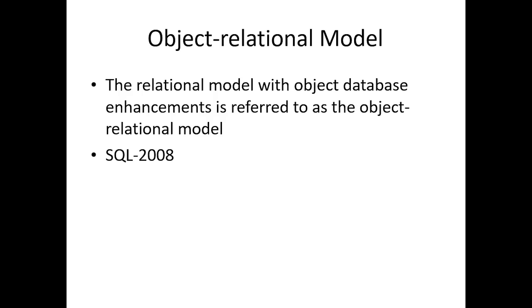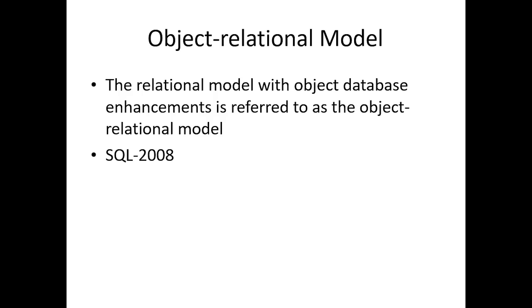So what is meant by the object relational model? The relational model with object database enhancements is referred to as the object relational model. And we know that SQL is the standard language for RDBMS.